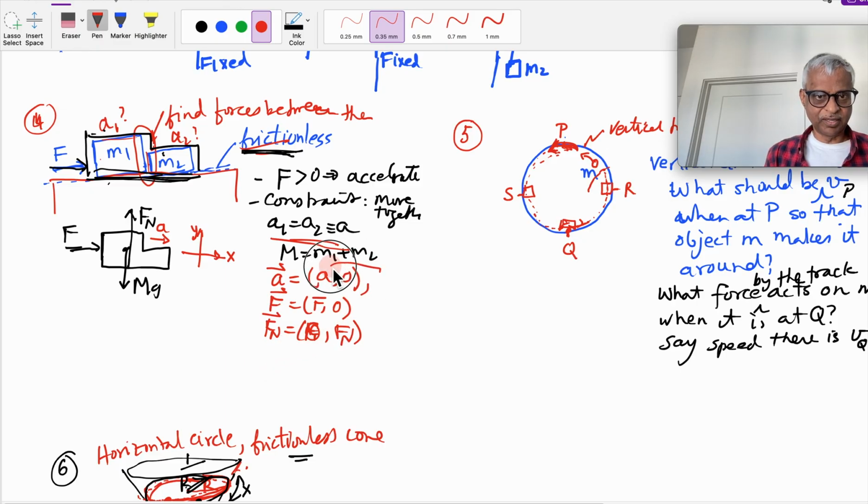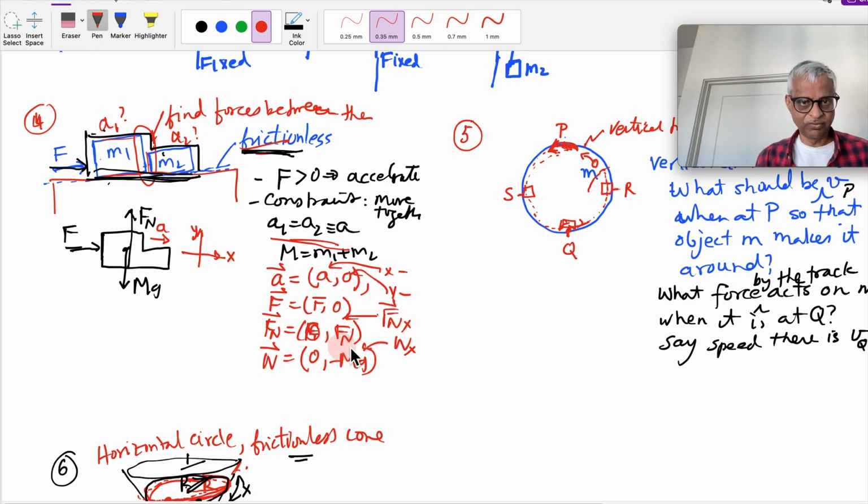So this is the x component, and this is the y component. Weight is (0, minus Mg). Fn is the magnitude.